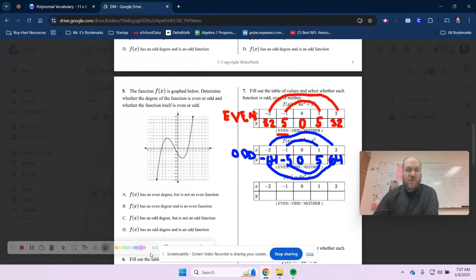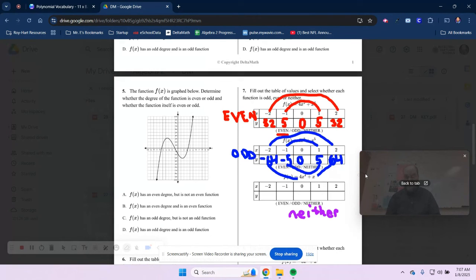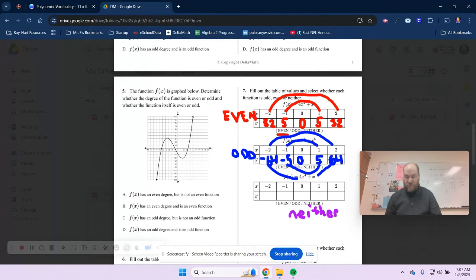And then this last one is neither. I can't see the equation, so let me look. That's 4x to the 4th, sorry, plus x.